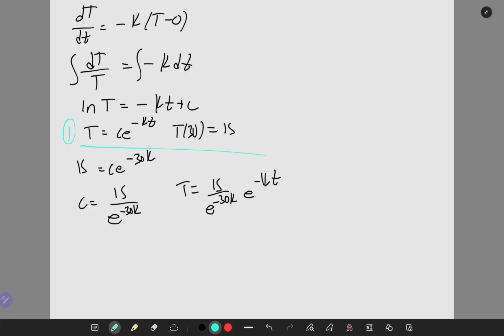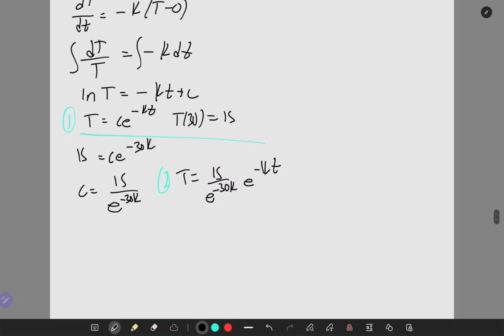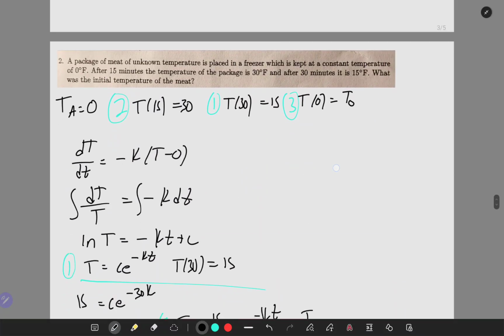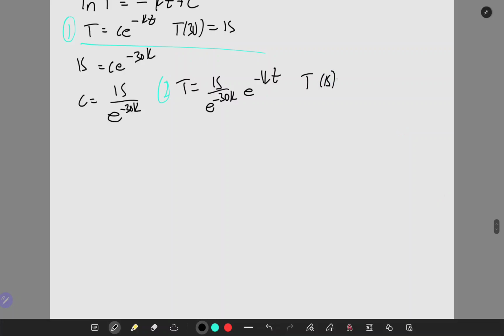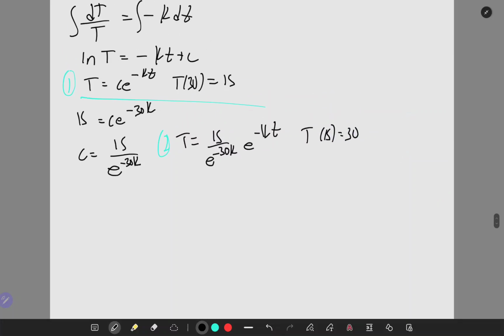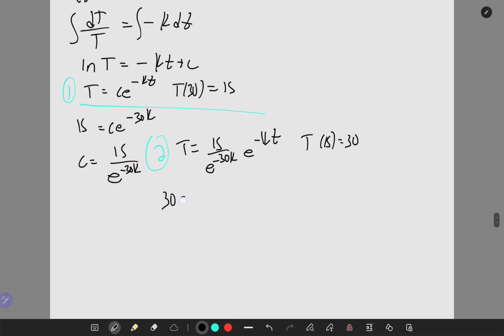Yep, and this is our second one, I think. So then we have T of 15 is equal to 30. So then we have 30 is equal to 15 over e to the minus 30k times e to the minus 15k.